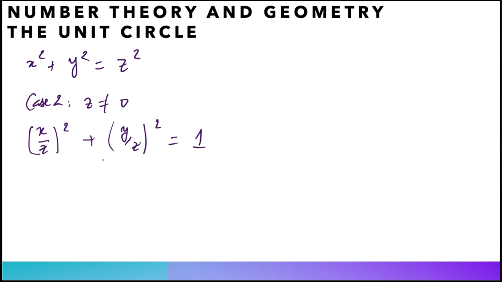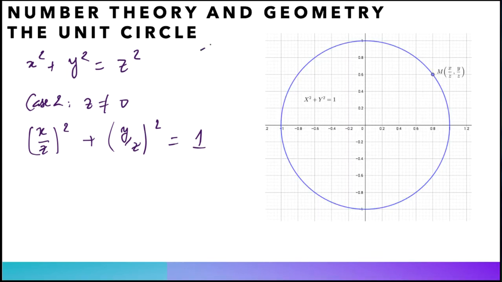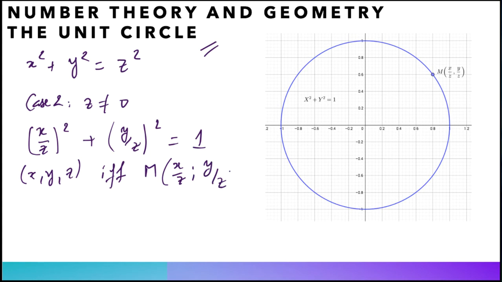Well, I hope you recognize here a geometric shape, which is the unit circle. This means that x, y, z is a primitive Pythagorean triple if and only if the point M of coordinates x over z and y over z, notice here that both of these coordinates are rational numbers, is a point of the unit circle which is of equation x squared plus y squared equals 1.